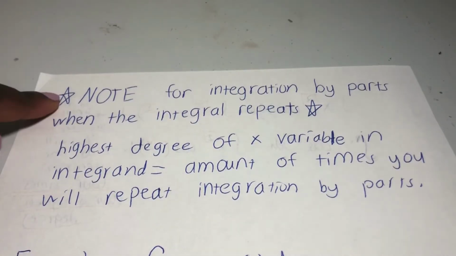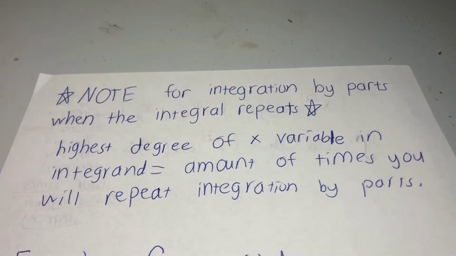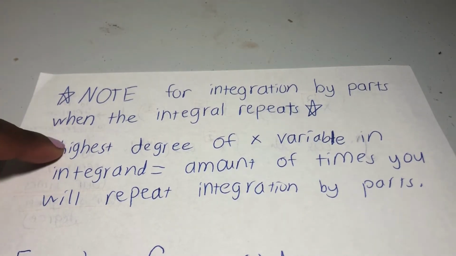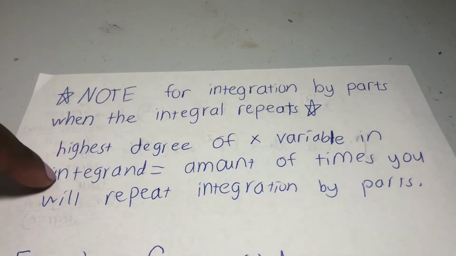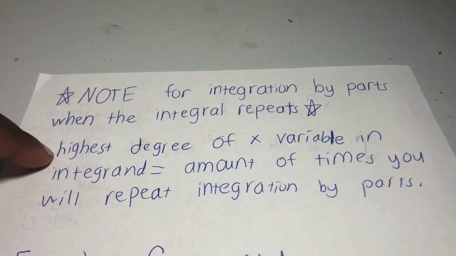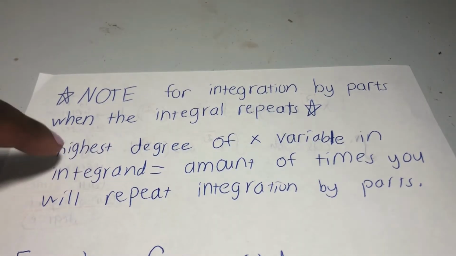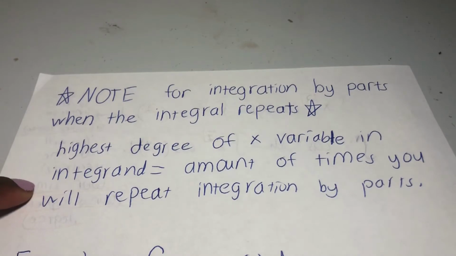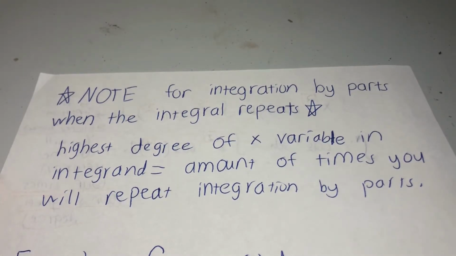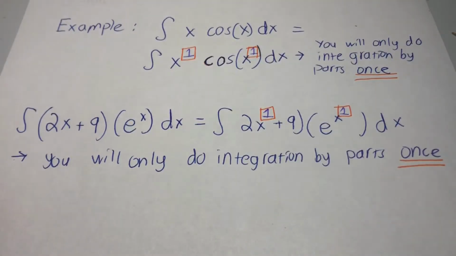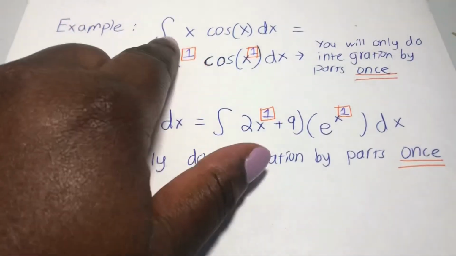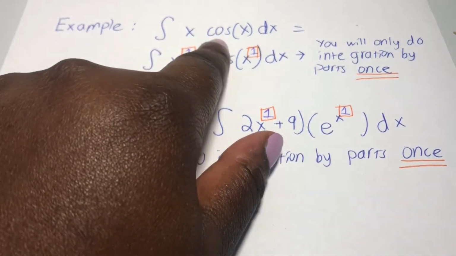Also, here's a note for integration by parts when the integral repeats. The highest degree of the x variable in the integrand is the amount of times you will repeat the integration by parts. Now, let me explain what I mean. For example, let's take the first example we did, the integral of x cosine x dx.